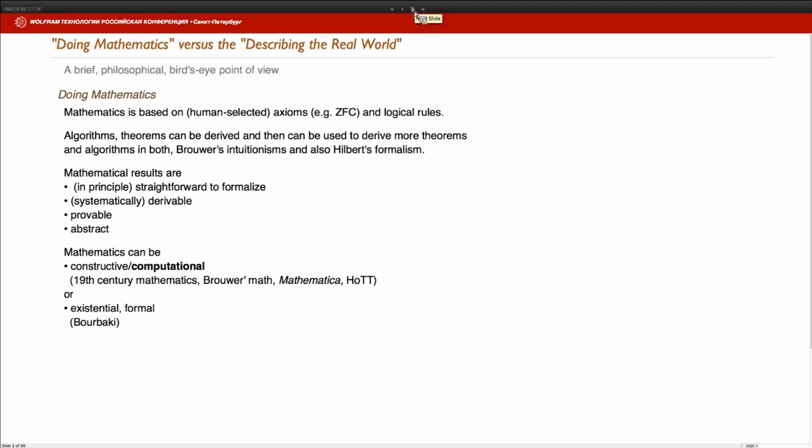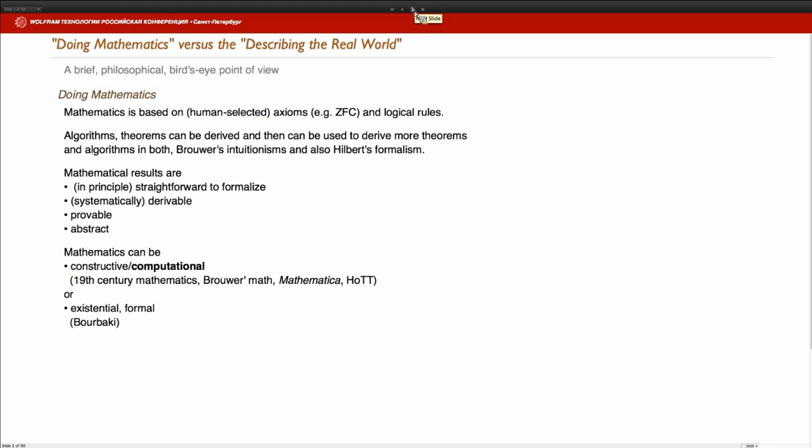Mathematics is basically a set of human-selected axioms and a set of logical inference rules. We have algorithms, theorems, we can derive them, we can prove them, and also there are various schools of how to approach mathematics.